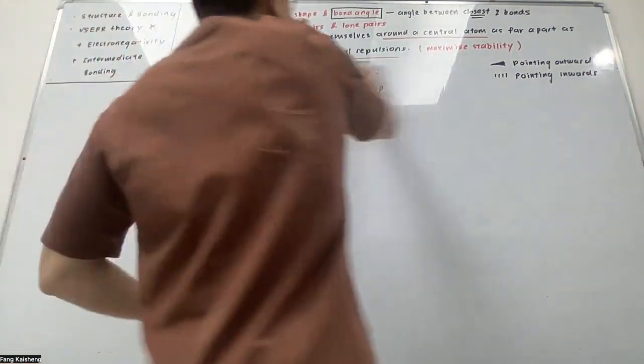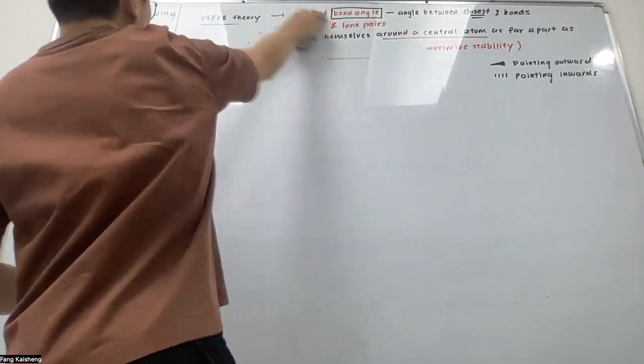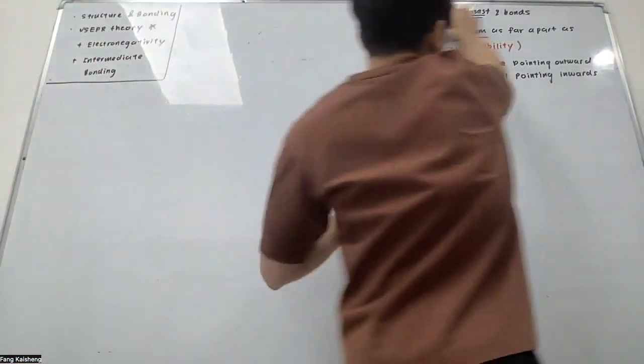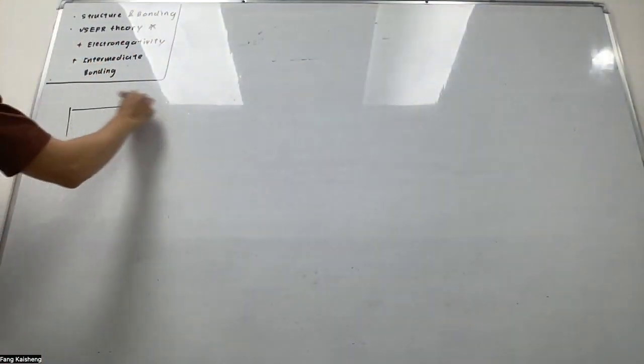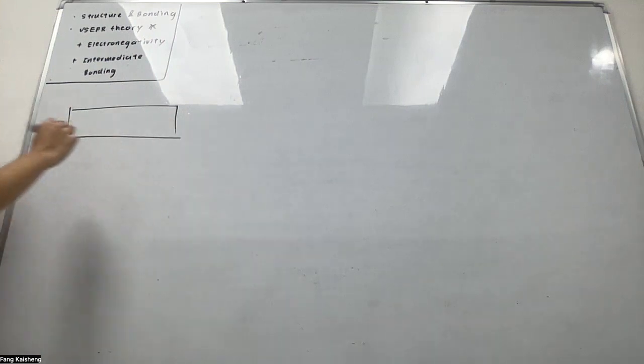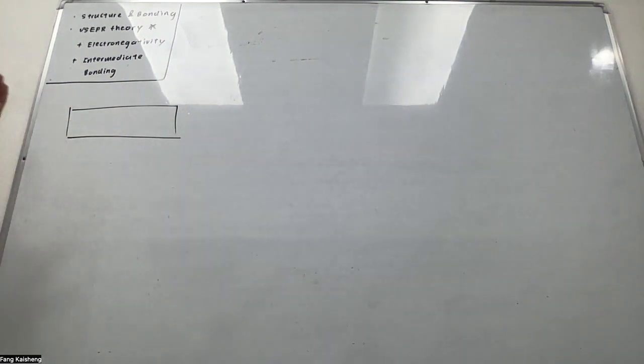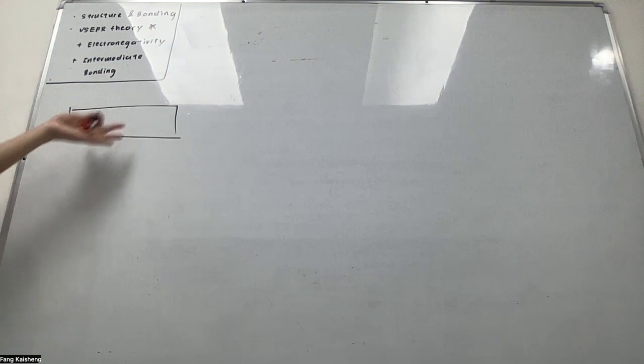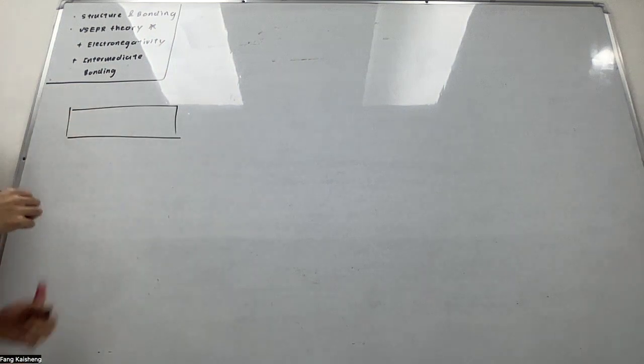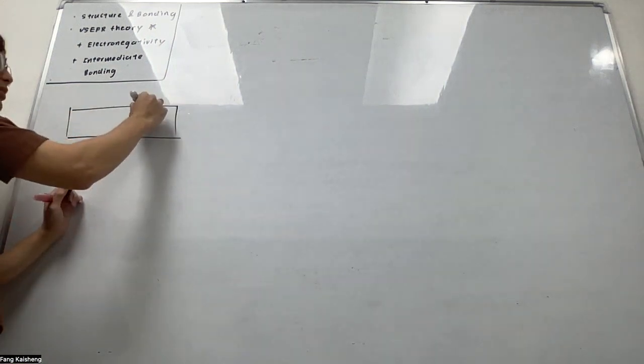Guys, what I want you to do is to draw a periodic table. Not the entire thing, as in you have to look at the periodic table like this. Guys, can I ask you where are the top 3 most electronegative elements? FON is at the top right, right?